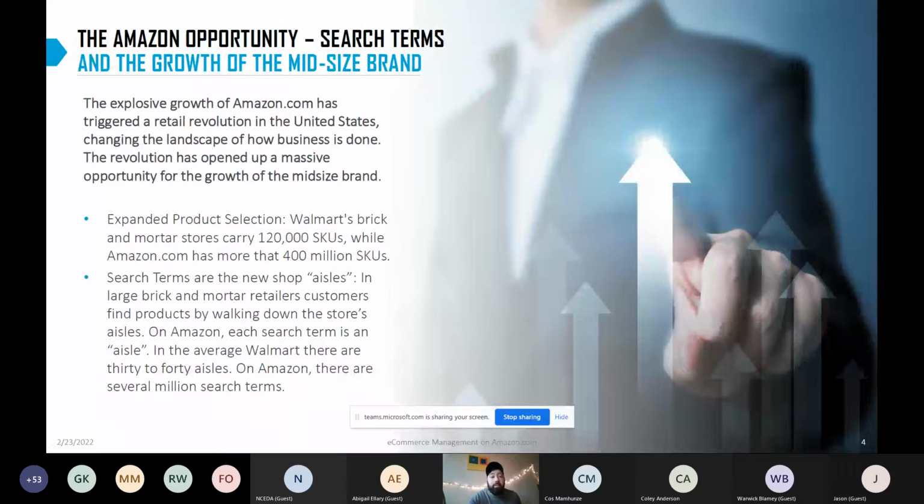Let's jump into the first part, the discussion of the actual Amazon opportunity. There are really 2 points to why Amazon is such a large opportunity for brands looking to enter the U.S. market. First and foremost, the change from brick and mortar retail to e-commerce has caused a very fundamental change in how people shop for product.